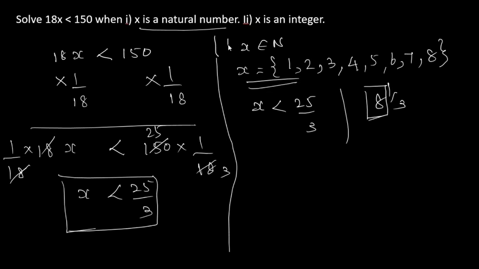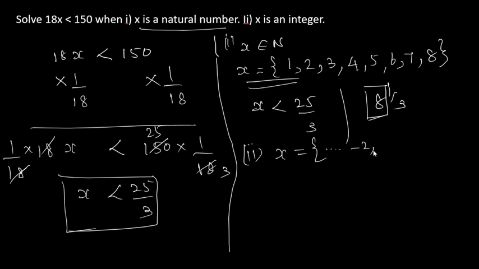Now in the second question it is asked, x is an integer. If x is an integer, we can start from the minus side, is it not? Minus, 0, plus, anything will come. So x belongs to the integers means, what are the possible solutions? It can start from anything on the minus side.